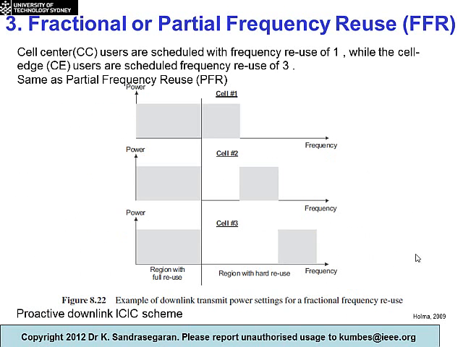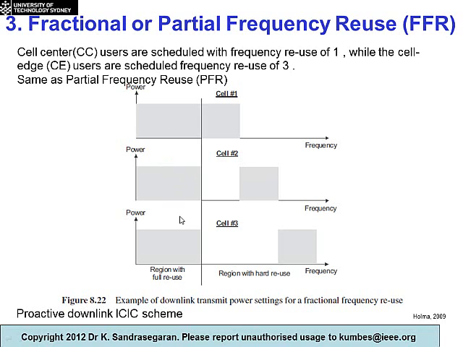Another possibility that we could use is called partial frequency reuse or fractional frequency reuse. So what we do here is we divide the bandwidth into 2 parts. One part is we use the same bandwidth in adjacent cells, and this is reserved for cell center users. So we use the same cells.